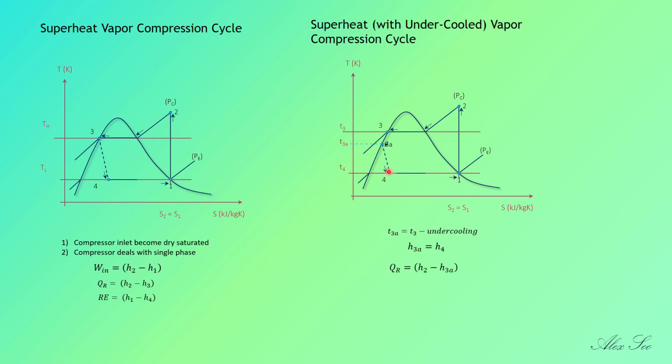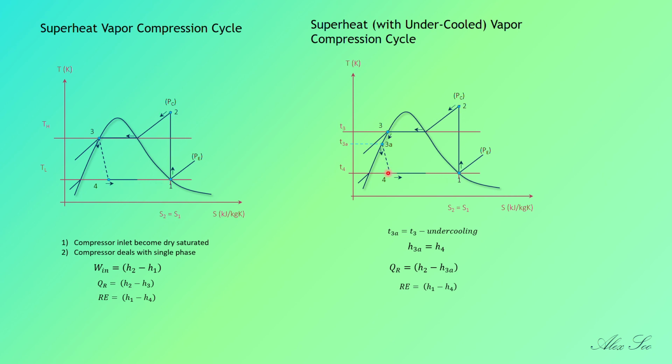So your heat rejected should be H2 minus H3A. It's no longer H2 minus H3. Then your refrigerating effect is H1 minus H4. And remember, if you got your H3A wrong, then your H4 will definitely be wrong also.